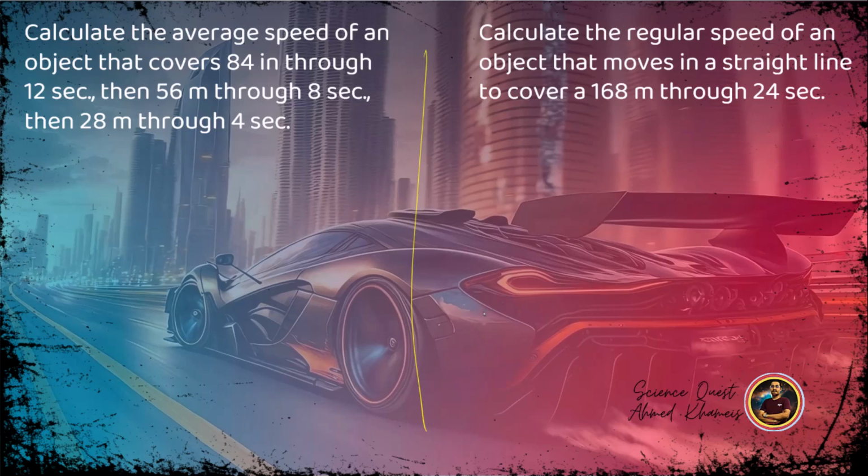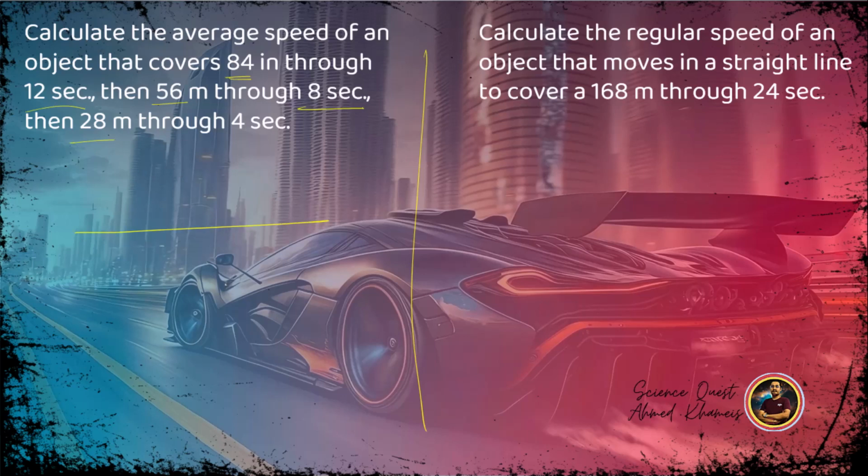Calculate the average speed of an object that covers 84 meters in 12 seconds, then 56 meters in 8 seconds, then 28 meters in 4 seconds.